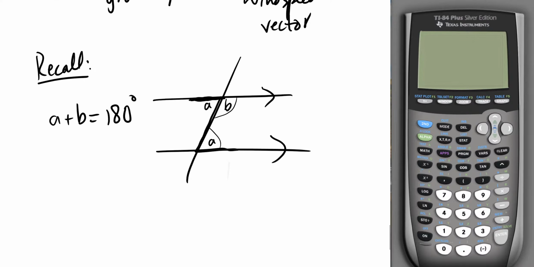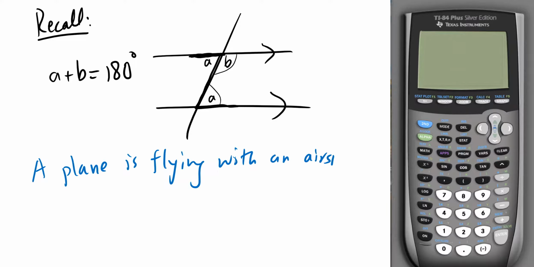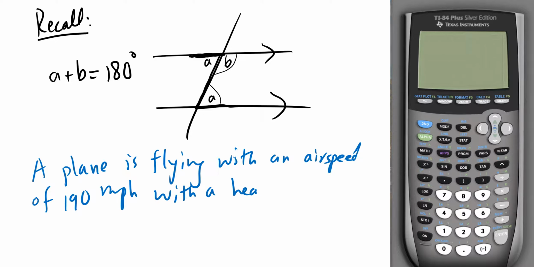Let's look at an example. Let's say we have a plane flying with an airspeed of 190 miles per hour with a heading, heading means an angle, right, of 110 degrees.